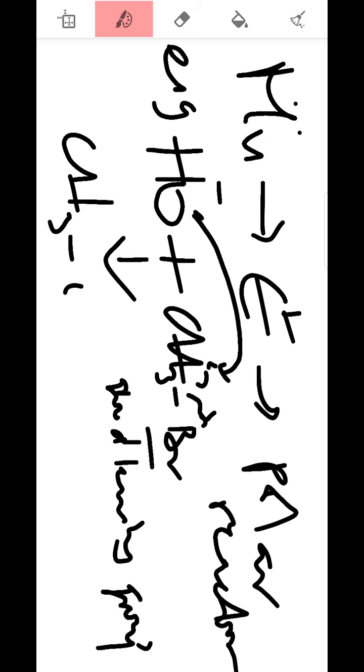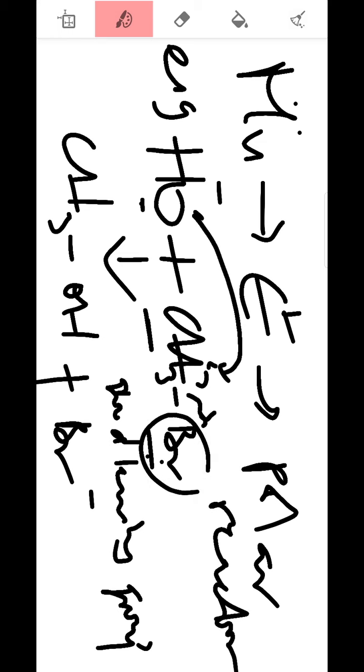So this is an example of a polar reaction where a nucleophile attacks an electrophile and there is substitution. Easily, OH will displace bromine and take its place. So you have methanol and you have bromine as a byproduct.